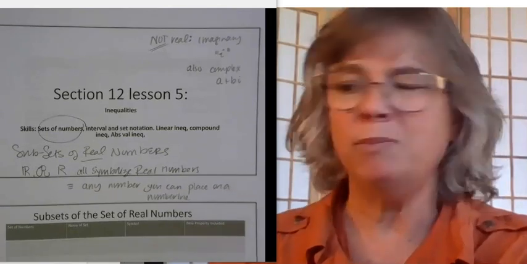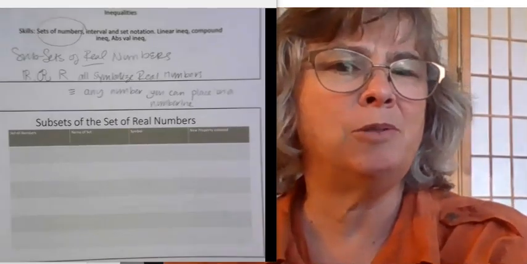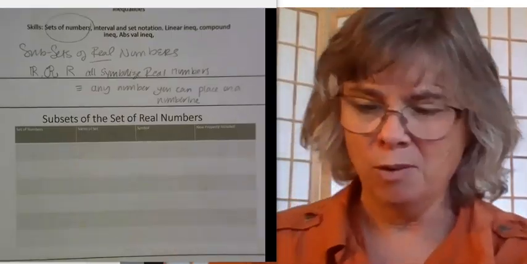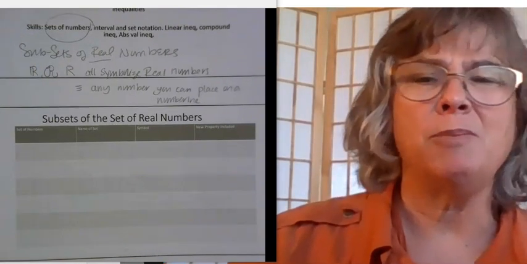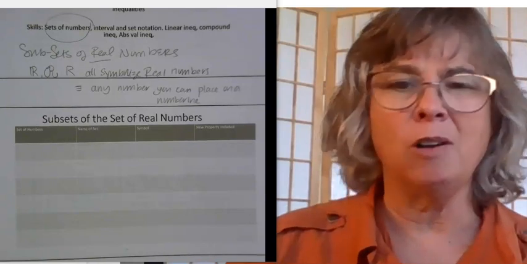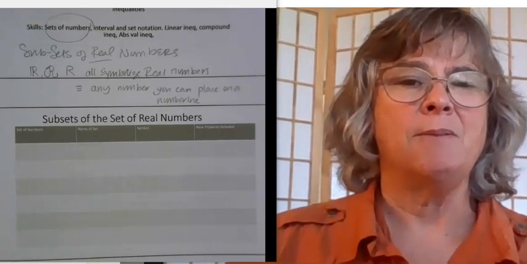So we're going to split this up into subsets. And it's going to be important for you to remember and know what each of these are. I'm not sure you can see this well enough, so I'm going to pause this and darken this. But if you've already printed out this PowerPoint, you have this table drawn.